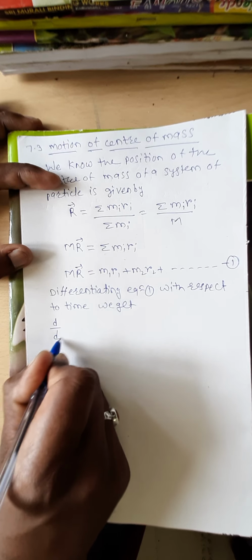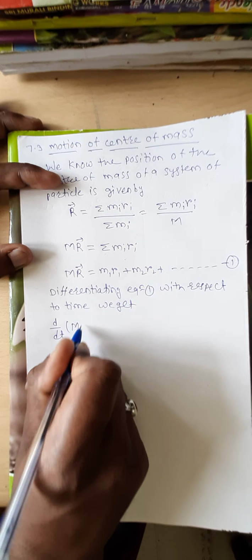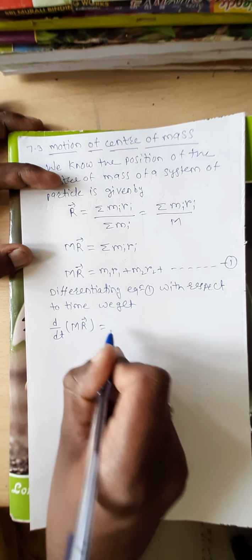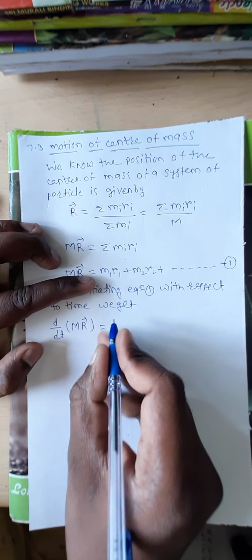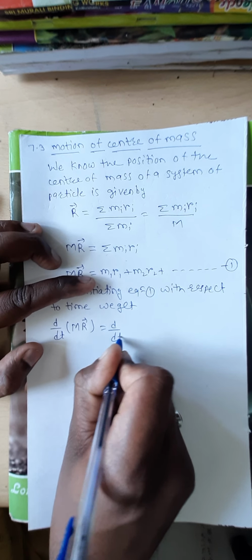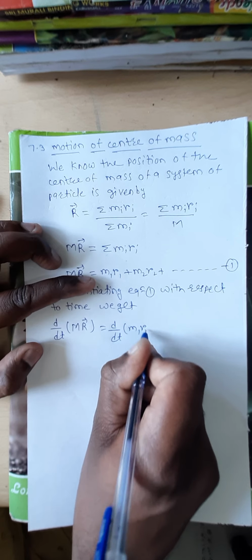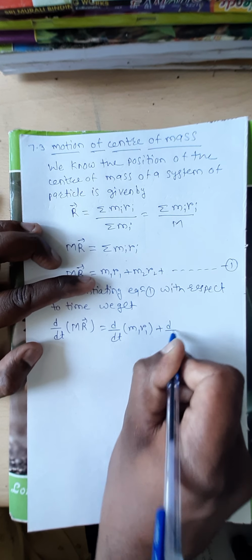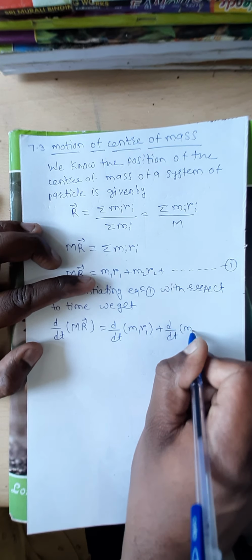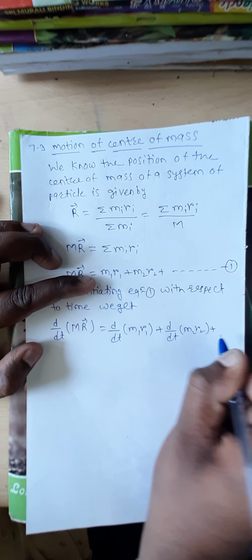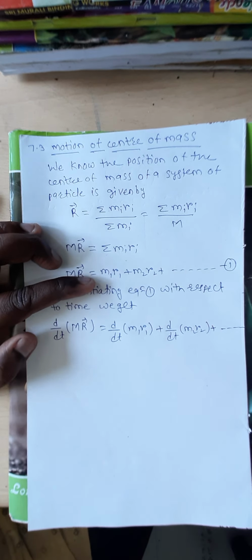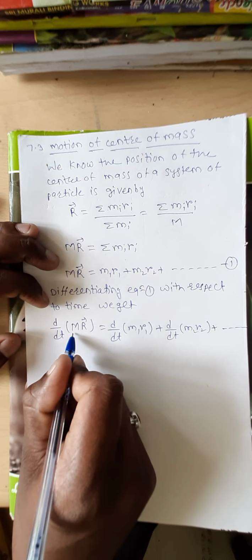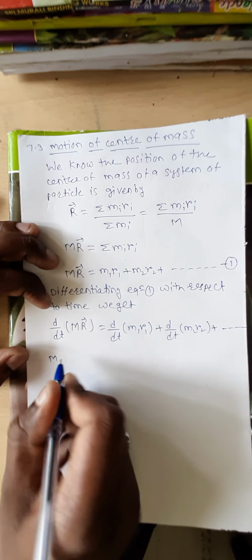Now we have to differentiate equation 1 with respect to time. That is d by dt of M R is equal to d by dt of m1 r1 plus d by dt of m2 r2 plus d by dt of m3 r3 and so on. In that case M is a constant, therefore it is taken outside.